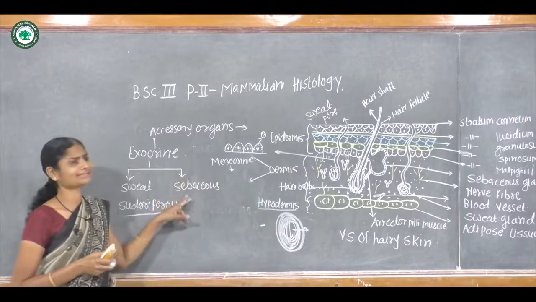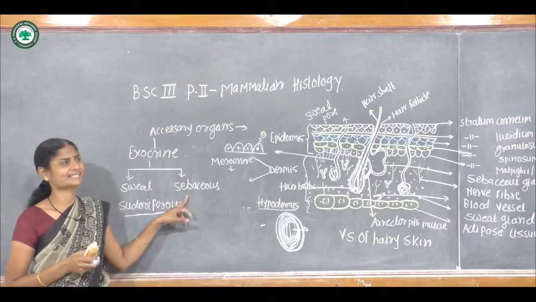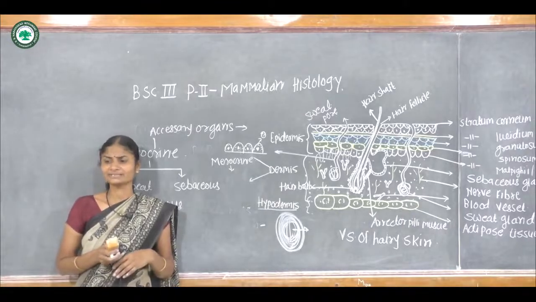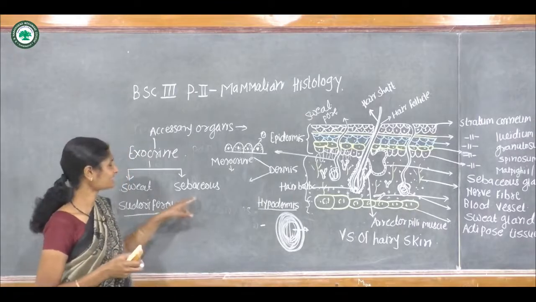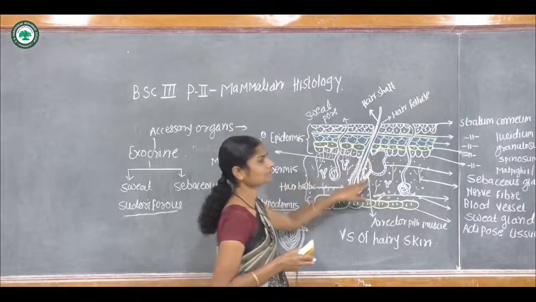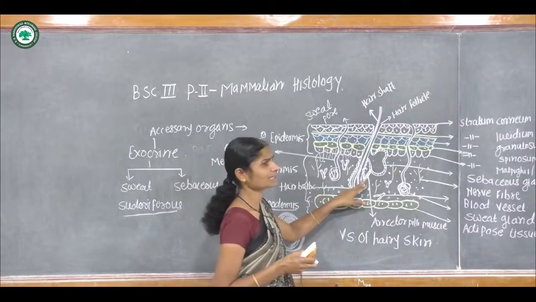The next exocrine gland is the sebaceous gland. It is a multicellular gland, closely associated with the hair follicles.